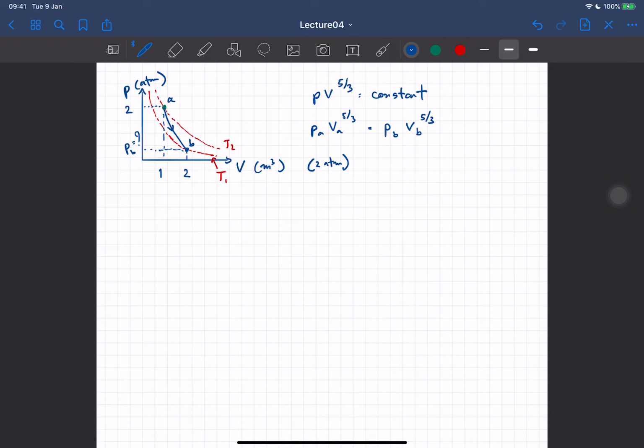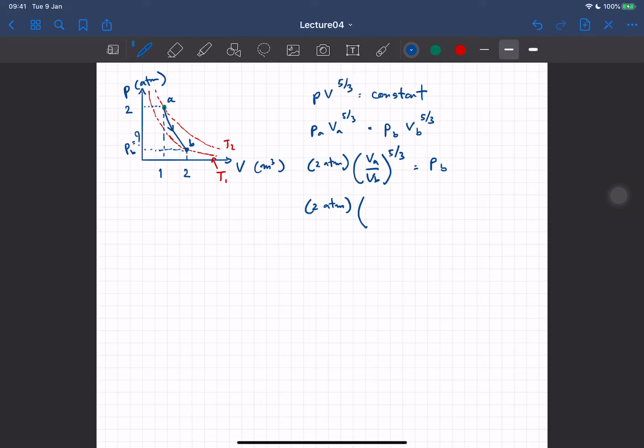VA and VB can be combined together, so VA over VB to the 5/3 power equals PB over PA. I'm doing this because then I can cancel out the unit for the volume. Otherwise you'd have the volume to the 5/3 power, which is kind of strange.